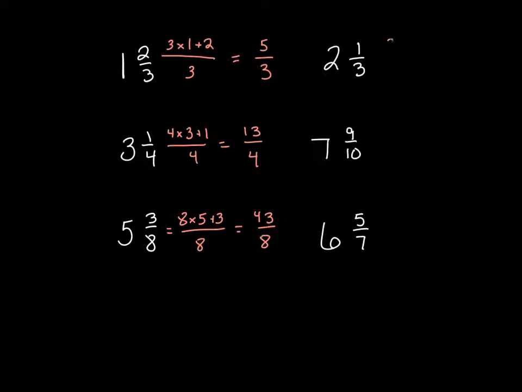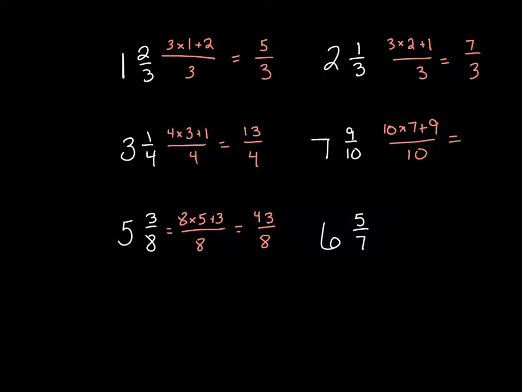For the next one, 3 times 2 plus 1, which is 7 over 3. And then the next one, we have 10 times 7 plus 9 over 10.